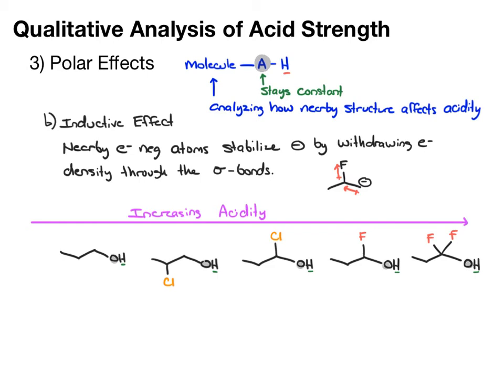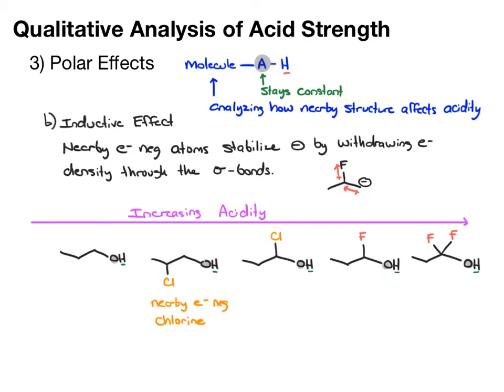So now if we start going from left to right and see what happens structurally, well, in the first compound, there's no electronegative atom other than the oxygen, which is consistent in all of the cases. But in the second one, we've added a nearby electronegative chlorine.